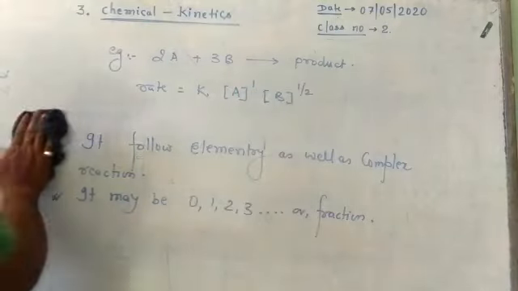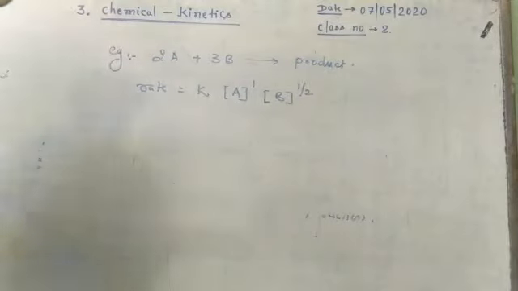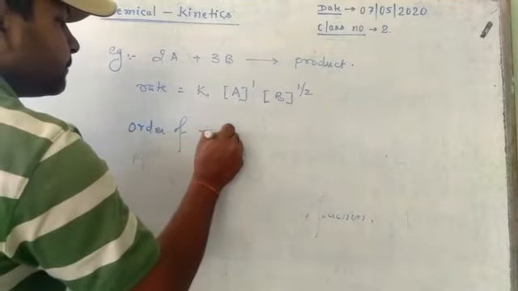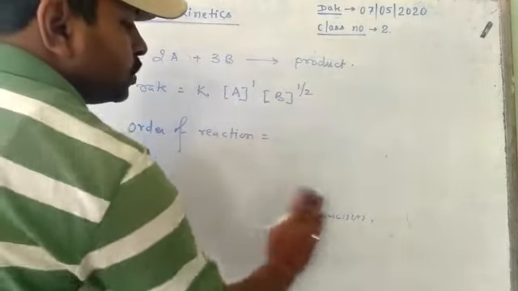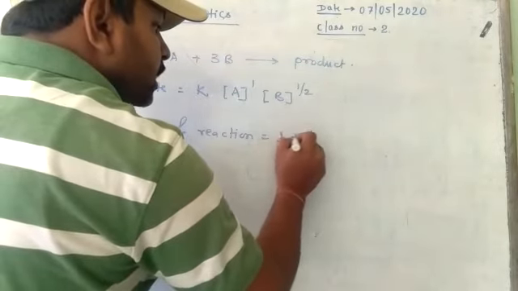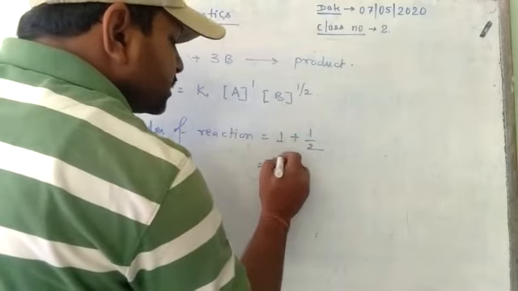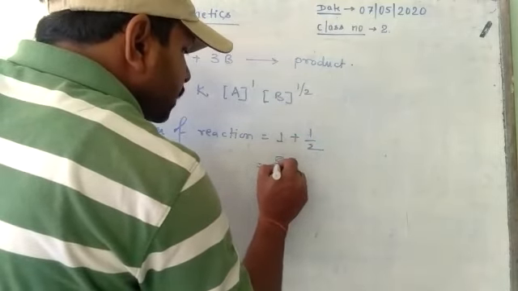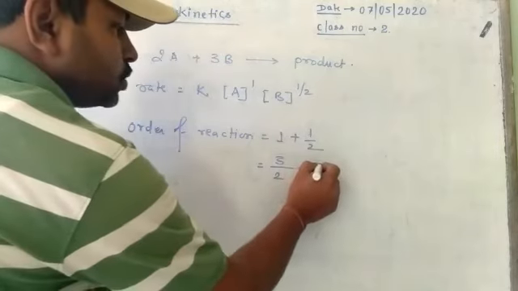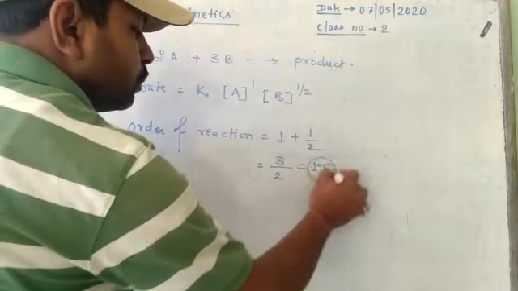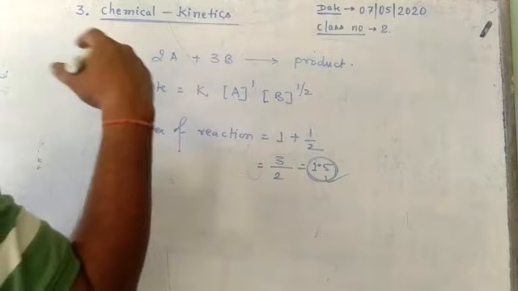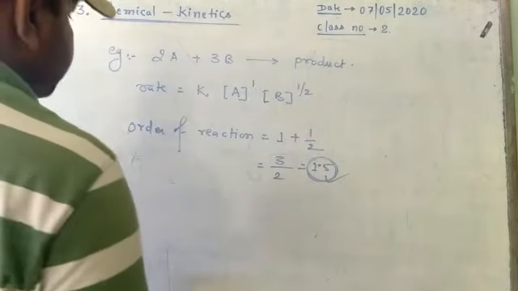Now we calculate the order of reaction. Order of reaction equals sum of the powers. Now students, 1 plus half is 3 by 2, it's 1.5. So 1.5 is its order of reaction, and students, it may be a fraction.